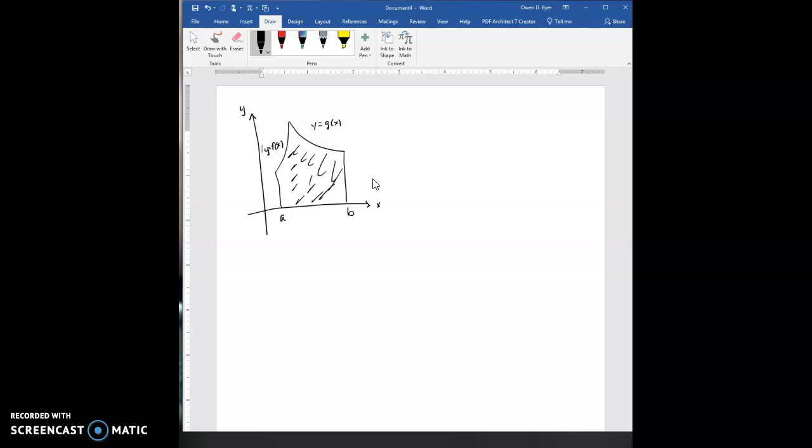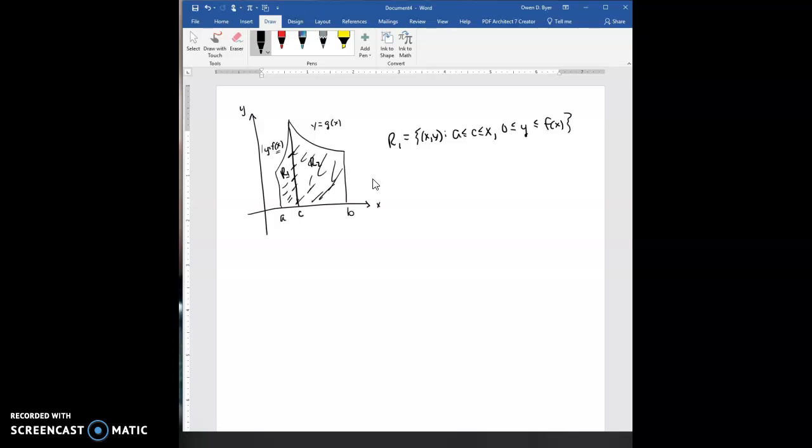The difference is that it depends on how many different functions you have defining either the top or bottom of the region. This one has a dividing line right about here. Let's call that C. If we're going to define this region, this could be region 1 and region 2 over here. Region 1 would equal the set of all (x, y) where x goes from A to C, and y goes from 0 up to the upper boundary of f of x, right there.